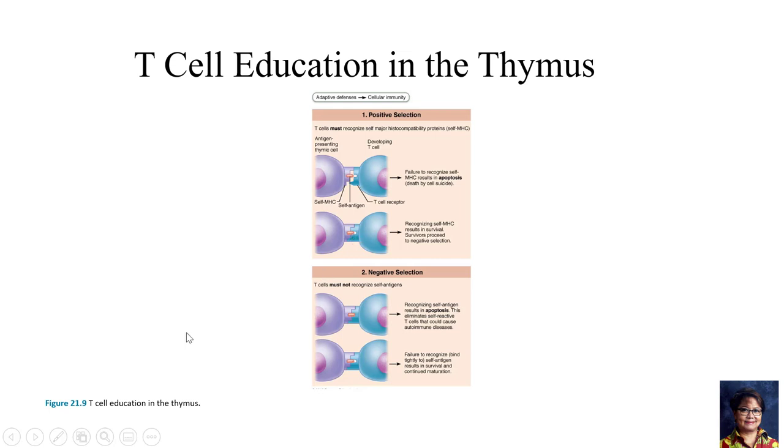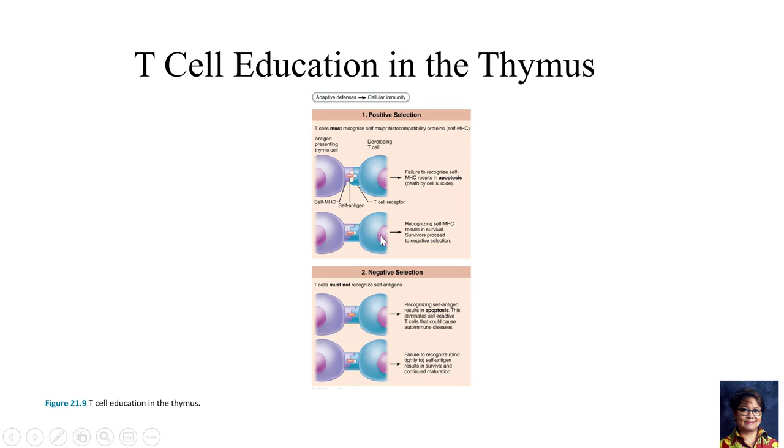That's a self antigen right there. If it does not recognize the MHC, it is going to be killed by apoptosis. If it recognizes the MHC, but does not recognize the self as something it needs to kill, then this results in the survival of the lymphocyte.